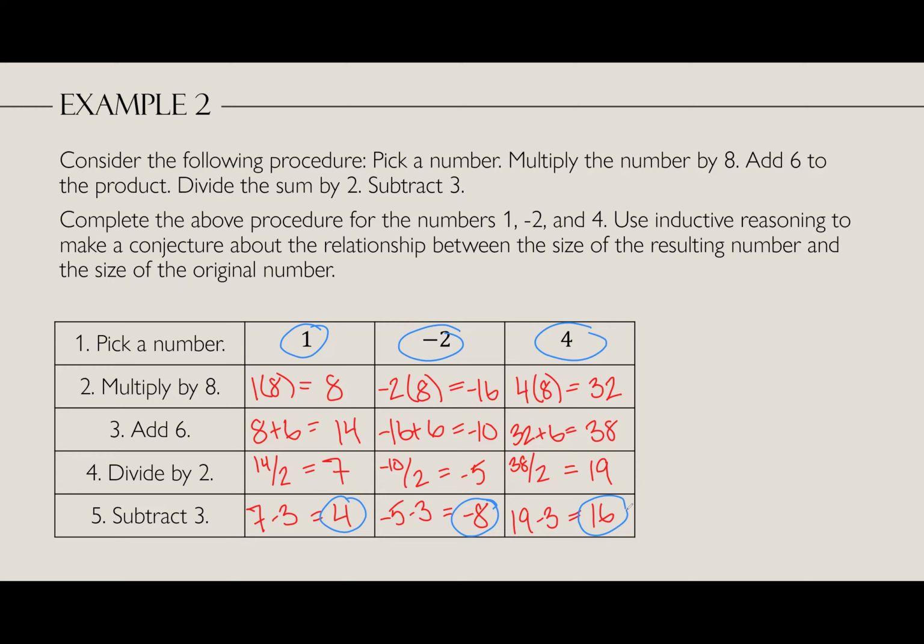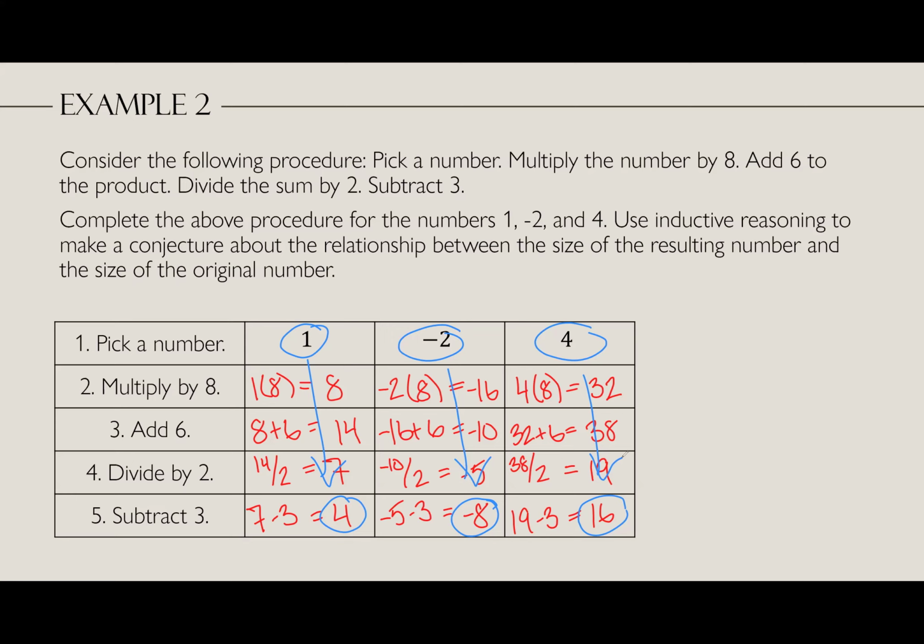So if you've noticed, I'm noticing a pattern here. I noticed from where I started to where I finished, it appears that my first number, I can multiply it by 4 and get to my final number.